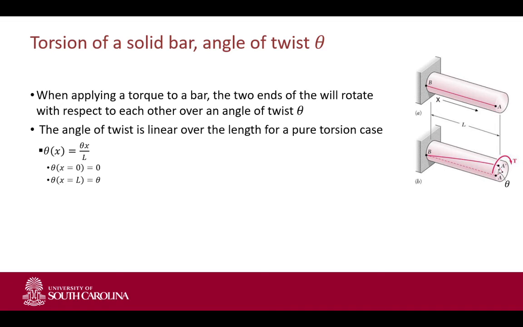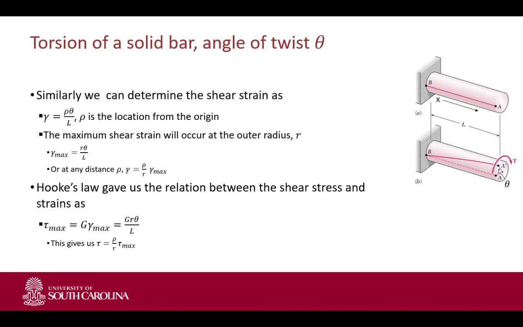And we can say in this case, for a solid bar clamped on one side, that the angle can vary linearly with respect to length. So we know that the function theta of x is equal to theta times x, where x is the location along the length, divided by the total length L. With that in mind, we can look at our shear stresses, and we can define another coordinate.